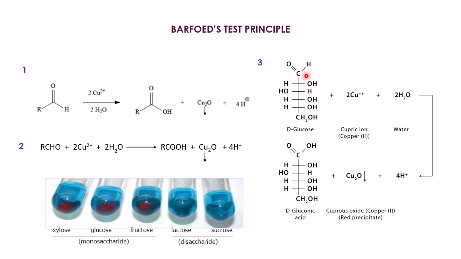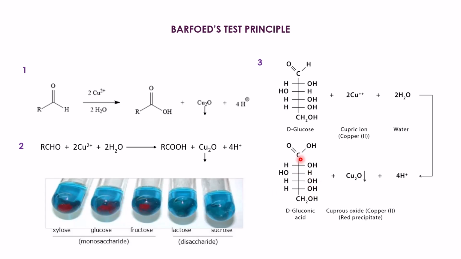The third reaction. From the third reaction, we can see that the reducing sugar, which happens to be D-glucose, reduces the cupric ion in the test reagent to cuprous oxide, which is precipitated out as a brick red color as seen over here.